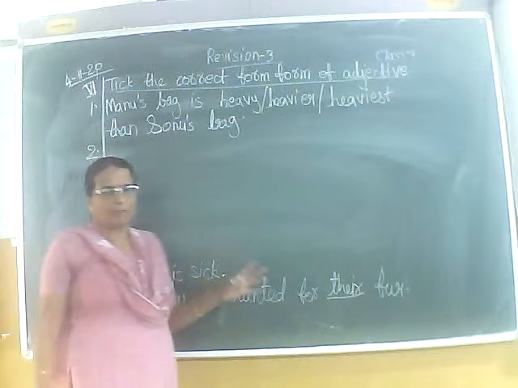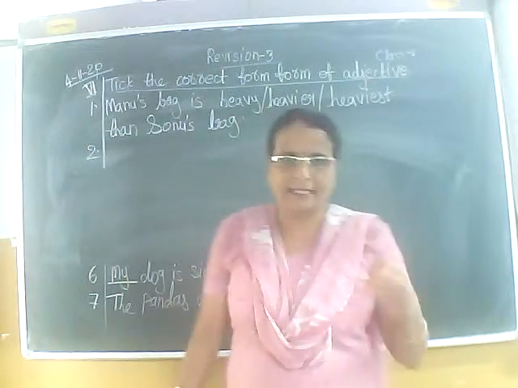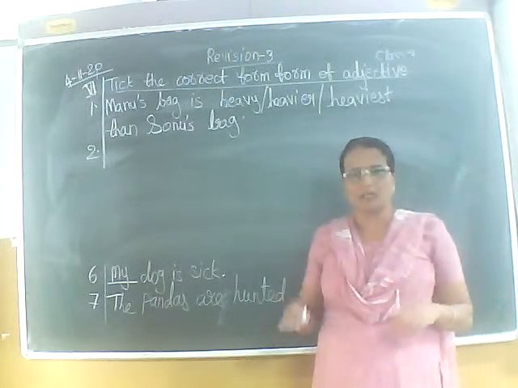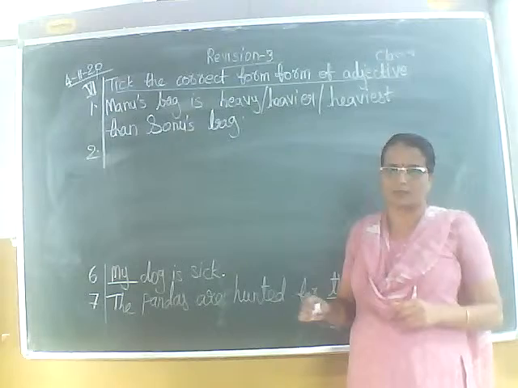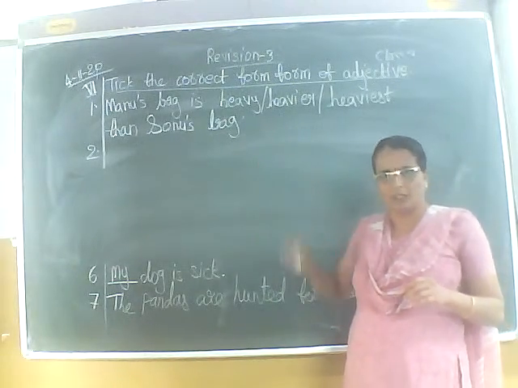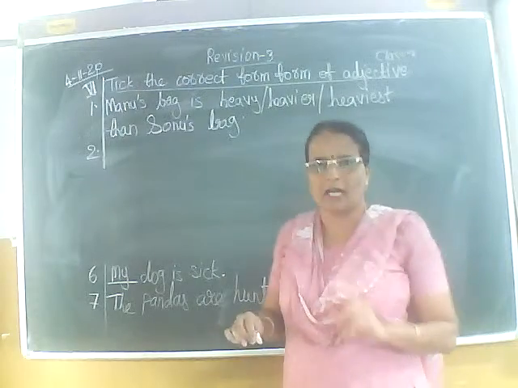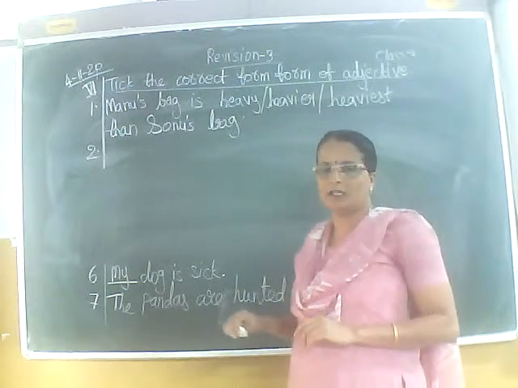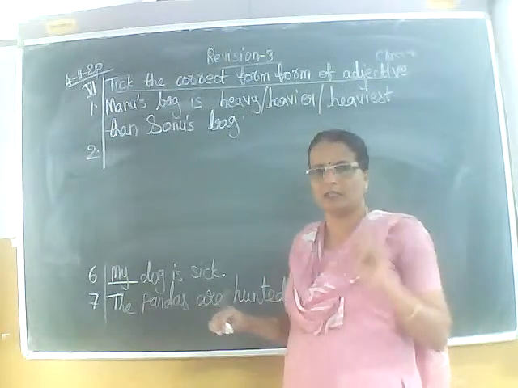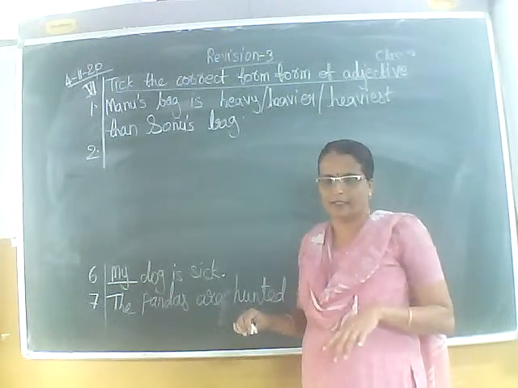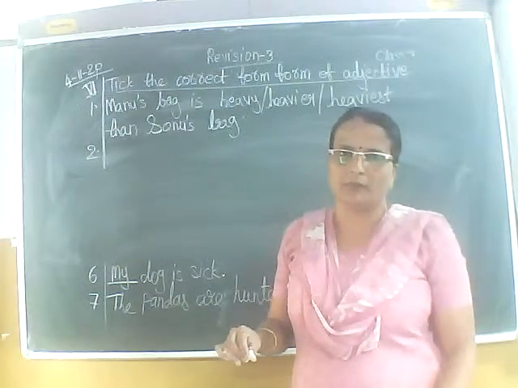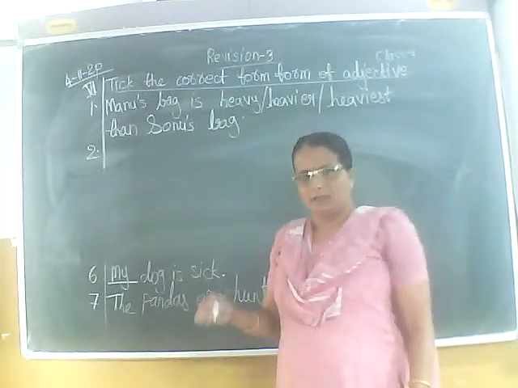When we compare the qualities of two nouns, we use comparative degree. We form comparative degree by adding IER or ER. IER we use where the adjective ends with Y. Otherwise, we use ER to form the comparative degree.